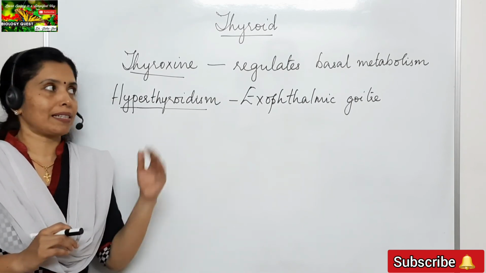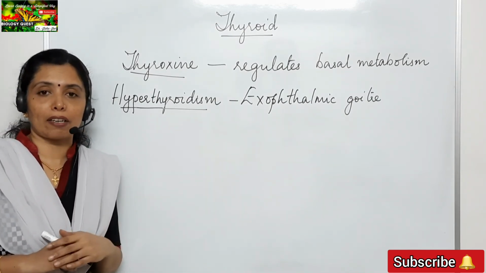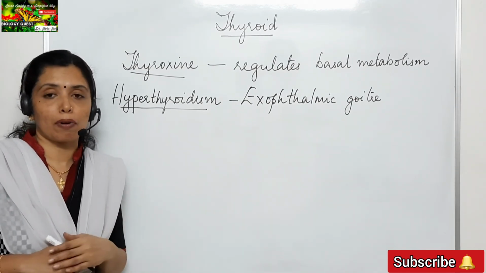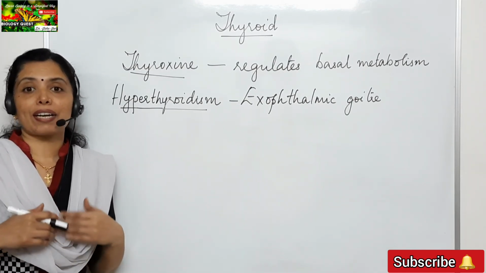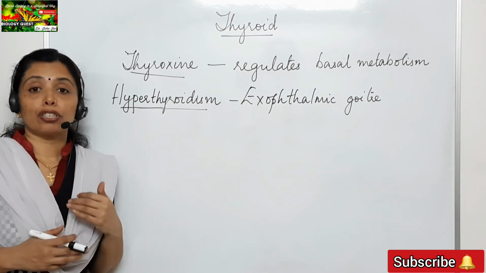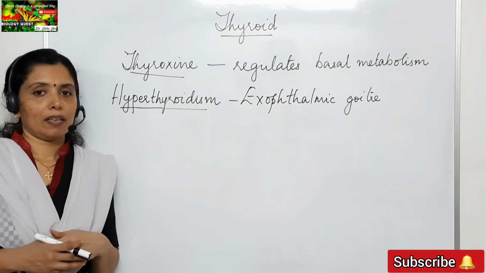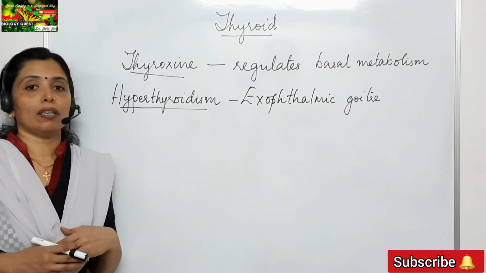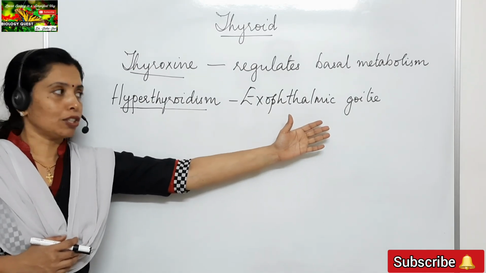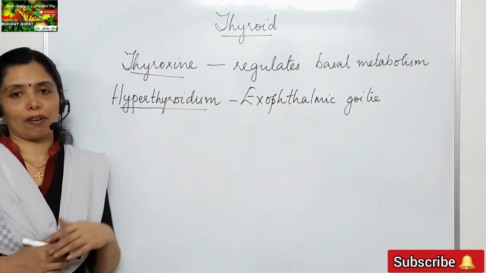And also, since there is an increase in production of the thyroxine, naturally we have seen earlier there is an increase in metabolic rate, and the heart rate increases, and also such persons feel shortness of breath. So that is with regard to the exophthalmic goiter, which is a condition due to hyperthyroidism.